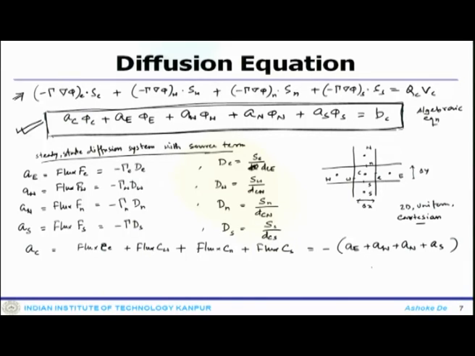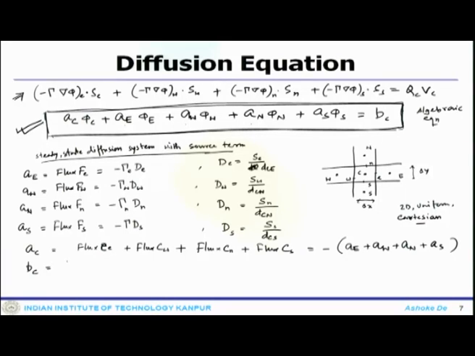So, in this particular equation you got all coefficients A C, A E, A W, A N, A S, and the only thing which is left over is the source term or right hand side vector term BC.